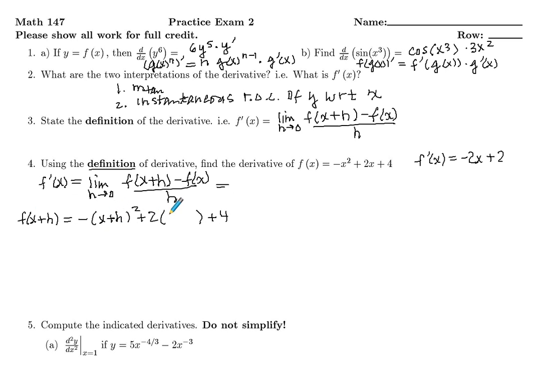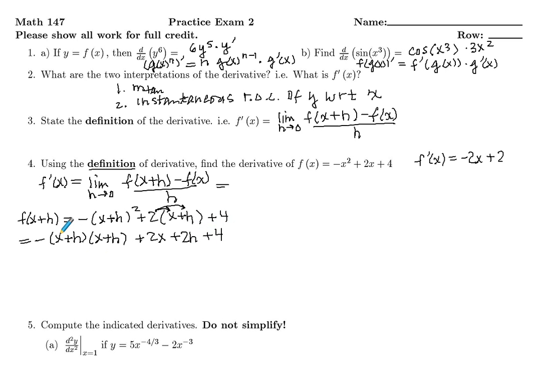So negative x plus h squared plus 2 times x plus h and plus 4. And then we want to simplify this as much as we can. So this is going to be negative, we'll have x plus h times x plus h. And then let's see, we can multiply the 2 in times each term here. So plus 2x plus 2h and then plus 4.